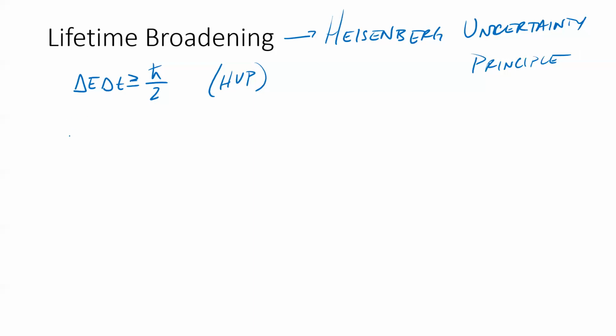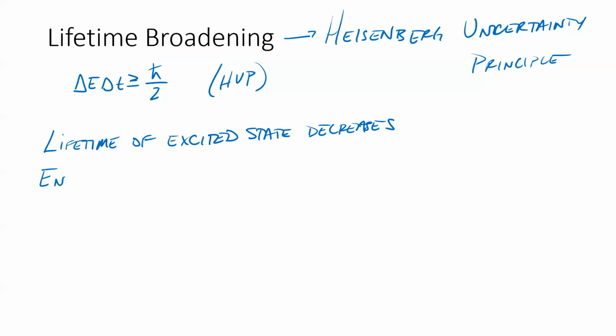Anyway, as the lifetime of the excited state decreases, in order to maintain this inequality, the energy gap, that energy difference between our, I'll just say S0 and S1 because that's really what's happening, can vary.